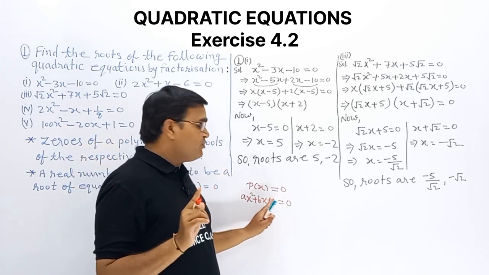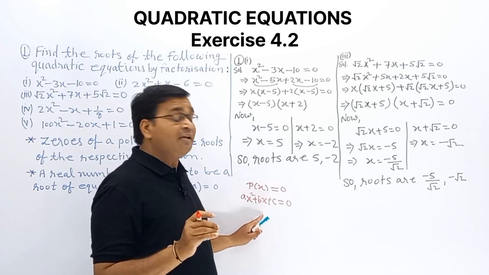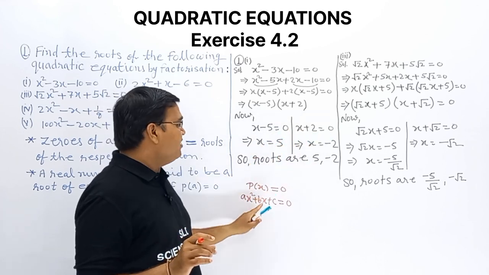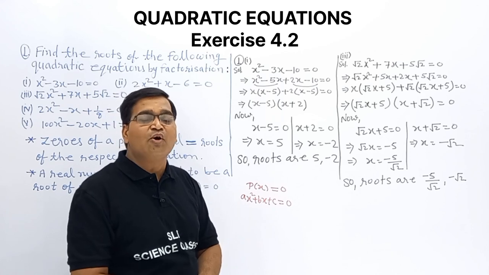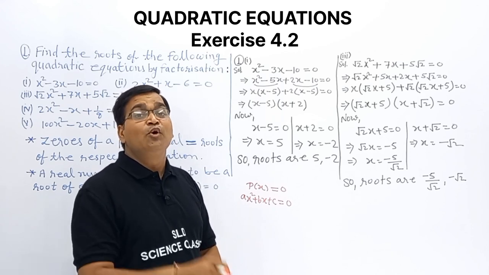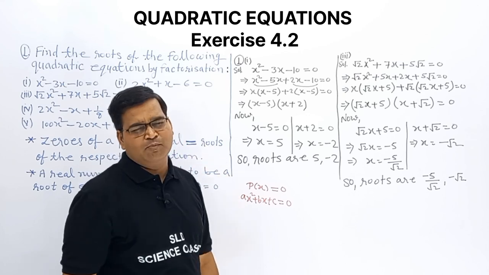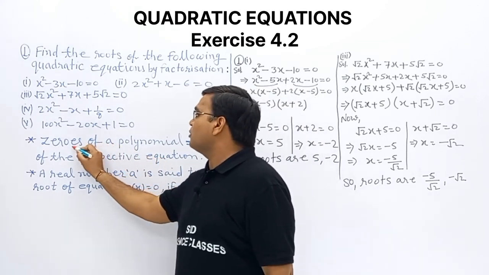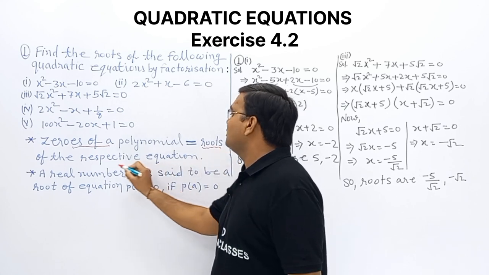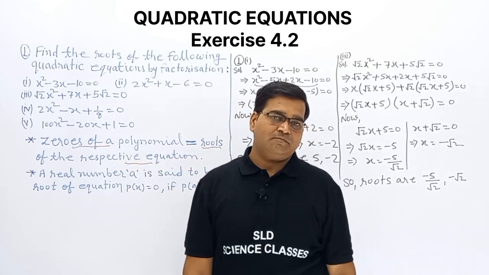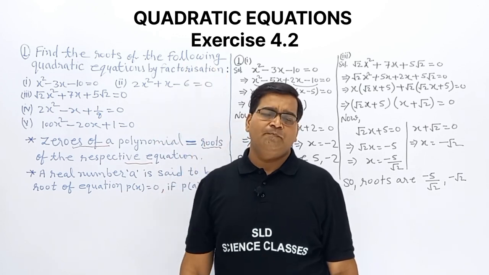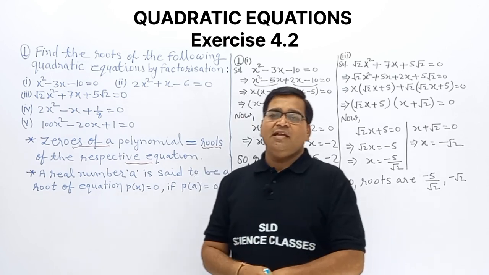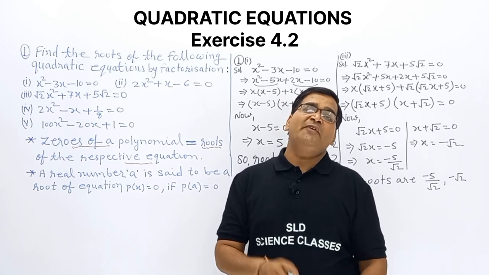Once we put it equal to 0 and solve for x, we get these values, which are zeros. The zeros of the polynomial are equal to the roots of the respective equation. Clear?